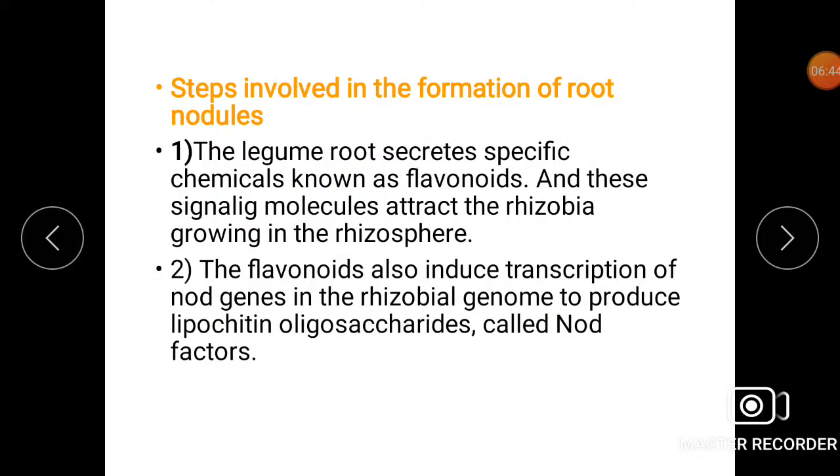The flavonoids also induce transcription of nod genes in the rhizobial genome to produce lipochitin oligosaccharides called nod factors. The nod factors are also known as root hair curling factors or nodulation factors.